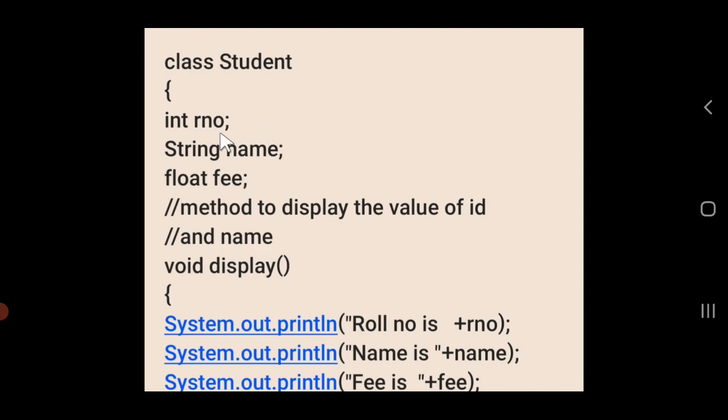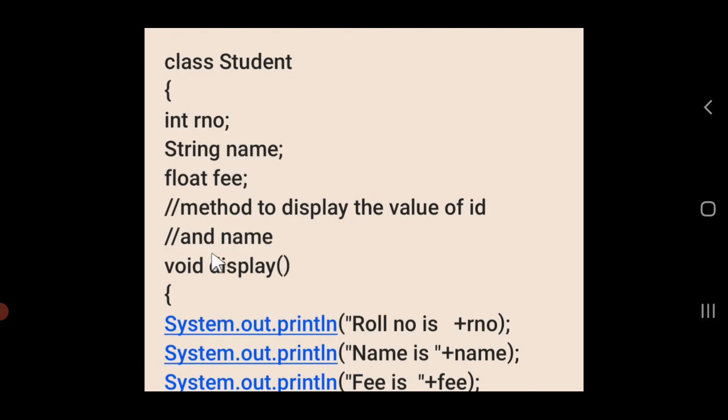So 3 data members, and as per the data, we have given the data type to these data members. So roll number is integer or int type, name is string, and float will be given to fee. I hope everybody has understood it well.